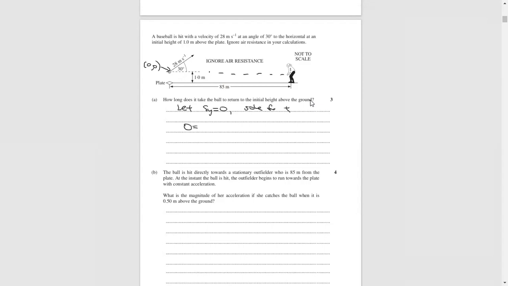So 0 equals 28 sine 30 t minus a half g t squared, which is 14t minus 4.9t squared. You can take out t, giving t times (14 minus 4.9t). That means t equals 0, which we discard, or t equals 14 over 4.9, which as a number is about 2.85 seconds.